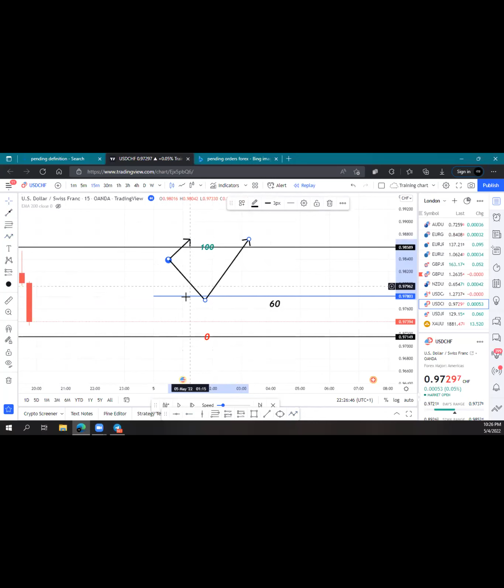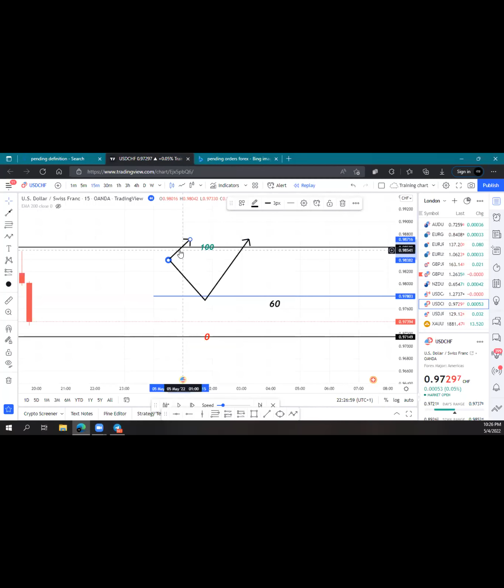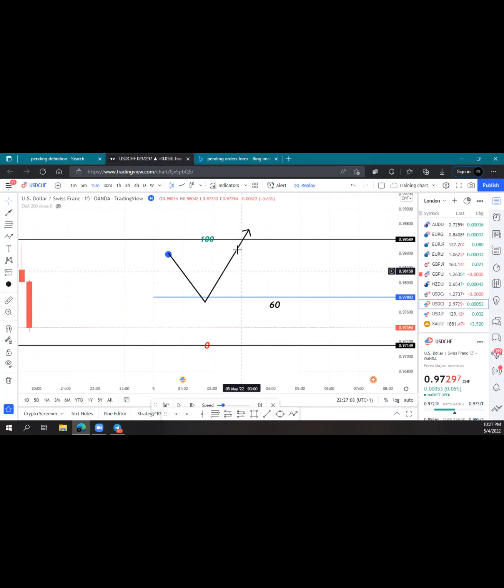Buy limit, not buy, right? Look at it. Order placed below price and price then goes up. This is buy limit. So please don't make that mistake of entering a buy immediately because you saw TP at the top. That's going to be very wrong, right?